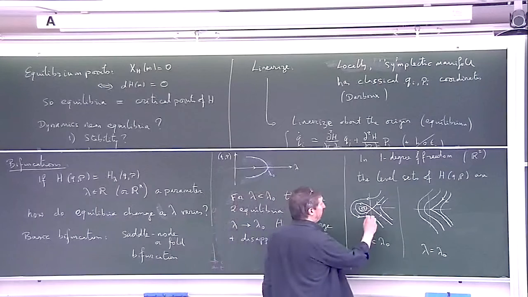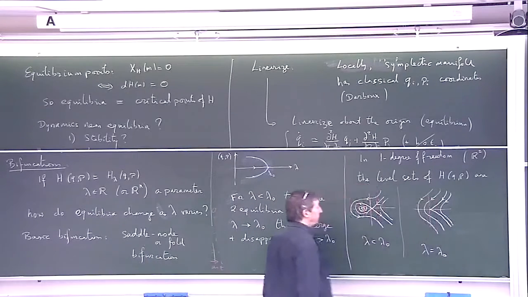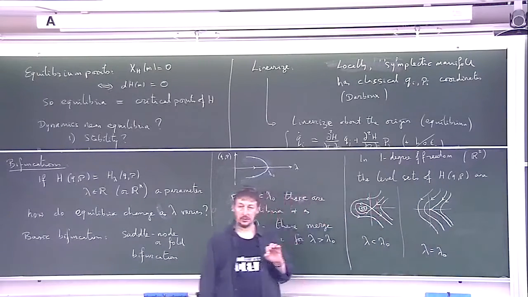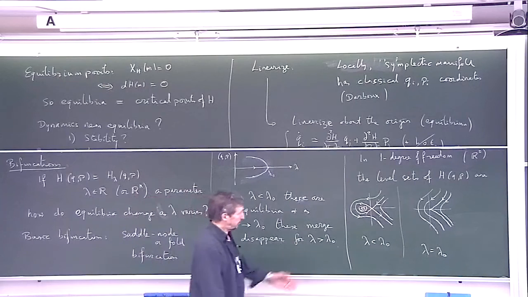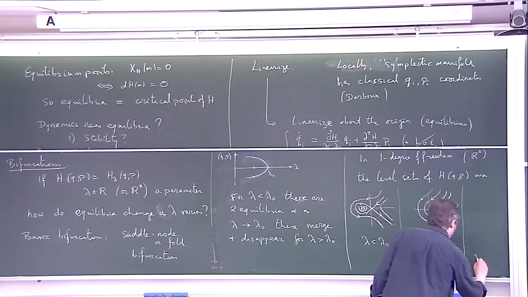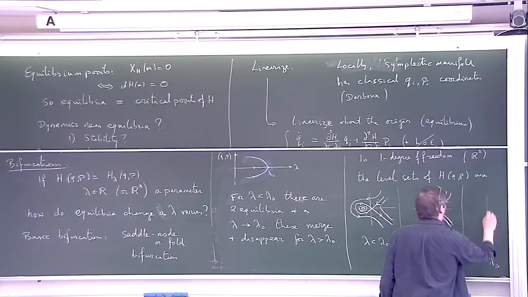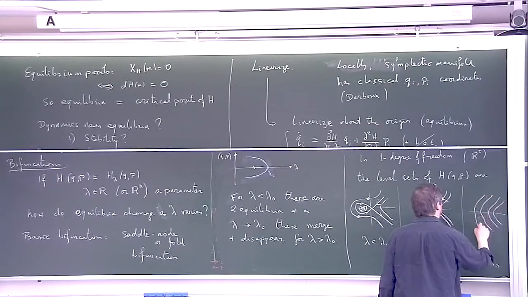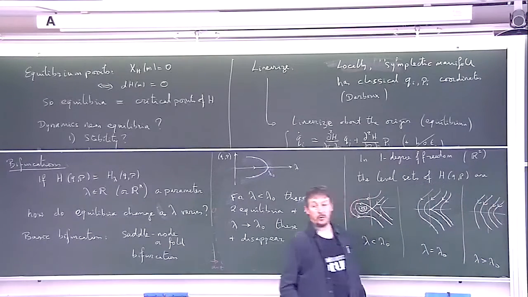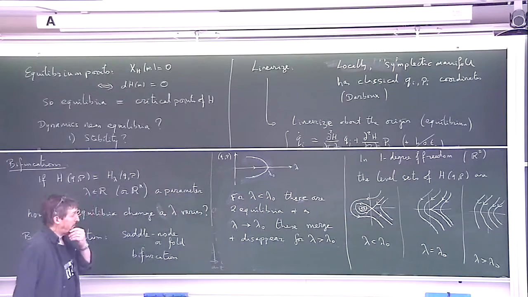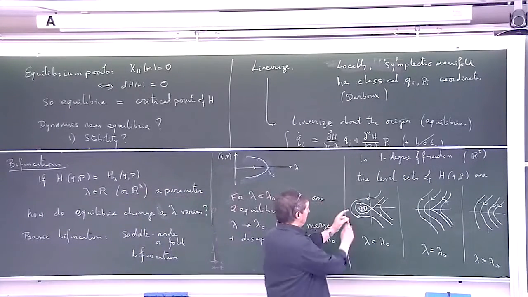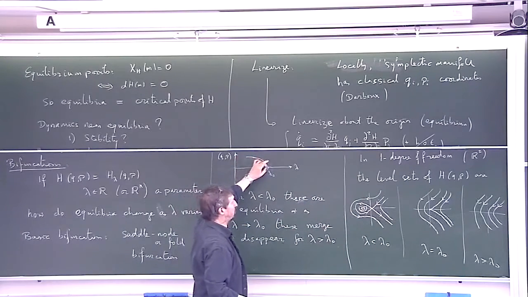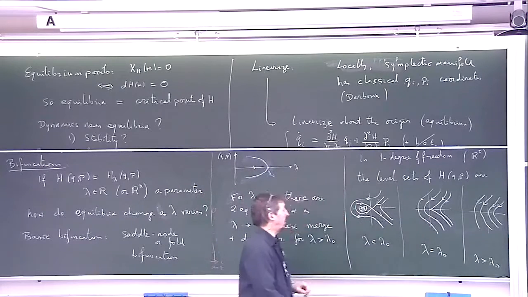So there is one equilibrium point, yeah, but it's degenerate in a sense I'll make precise in a moment. And then there is no equilibrium point. So this is two equilibria. When lambda is less than lambda 0, they merge to give us one equilibrium, and then they vanish.